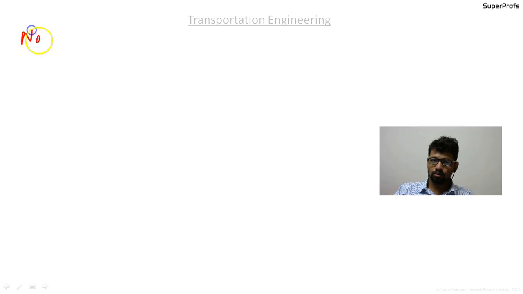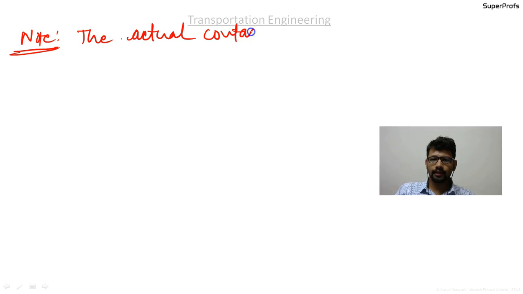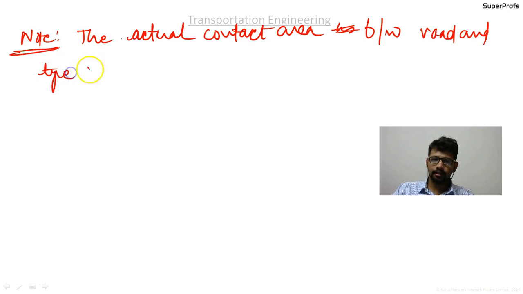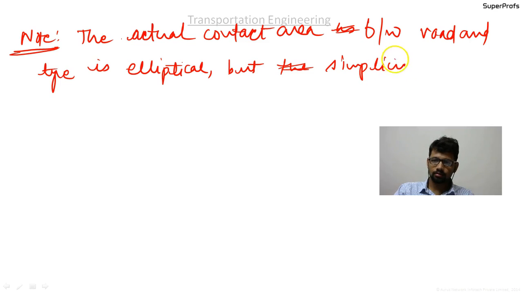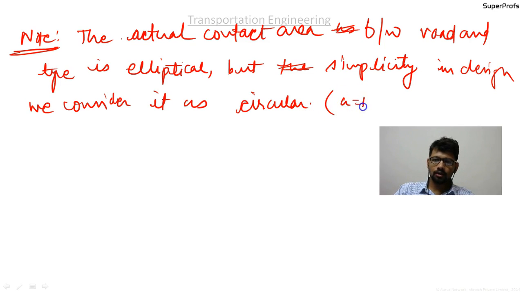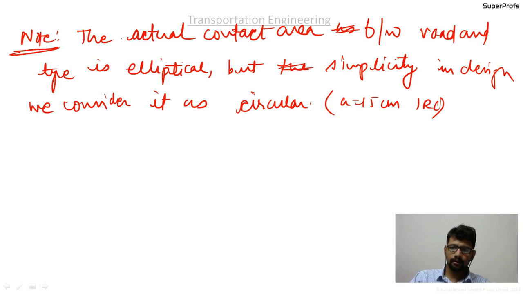So please make a note that the actual contact area between road and tire is elliptical, but for simplicity in design, we consider it as circular, having a equal to 15 centimeter as per IRC.